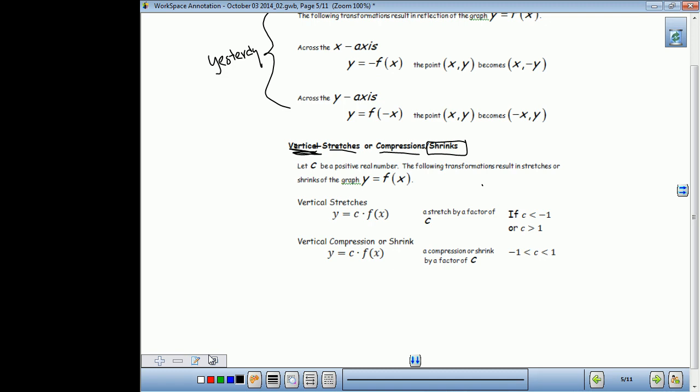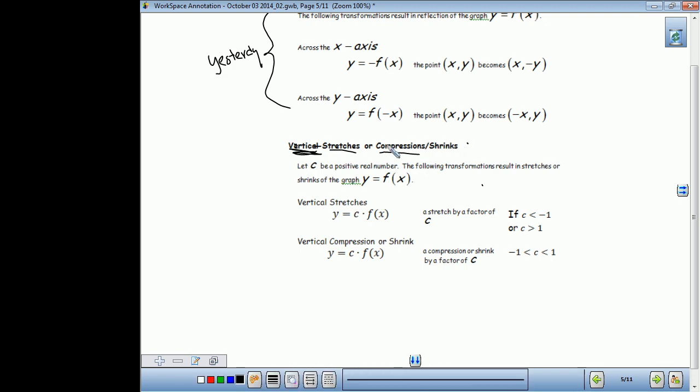It just became wider because it's being compressed vertically, and that widens out your function. So I use the word compression, but it's widely accepted to use the word shrink, even though I think it gives you the wrong visualization. I think it makes you think it gets smaller. That's not what's happening. It's not getting smaller.